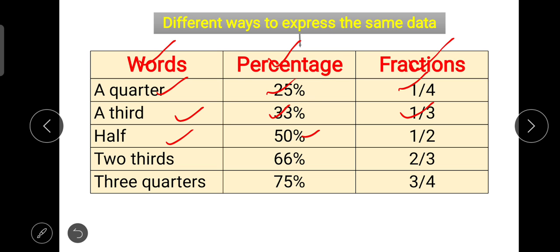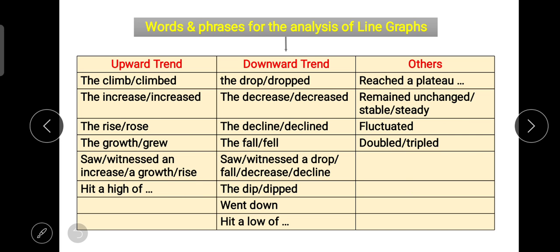Half, 50%, or 1/2. Then 2/3, or we can say 66%. We can say 3/4, or 75%. So in this way, the data can be expressed in different ways.